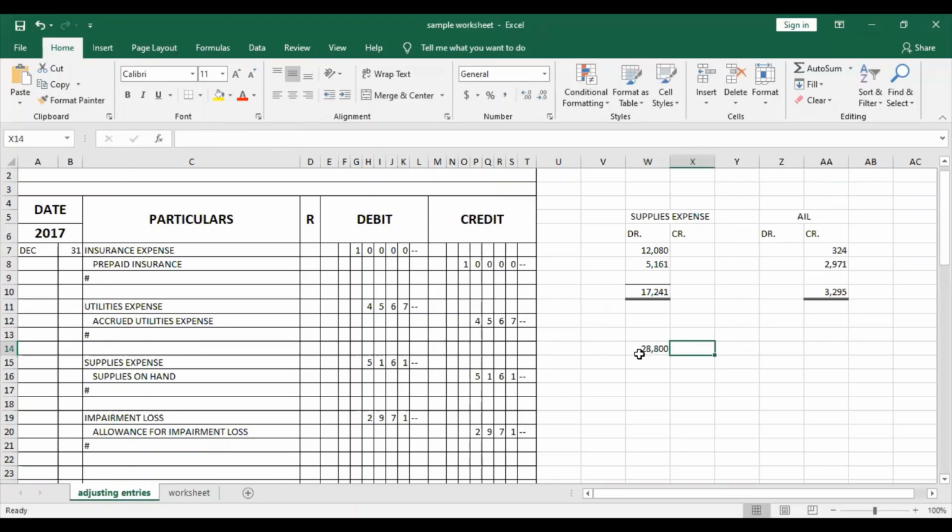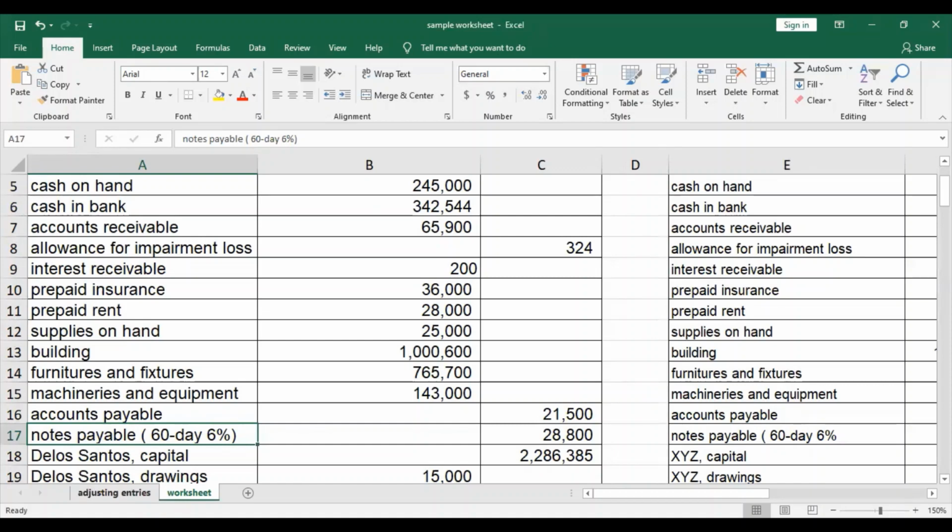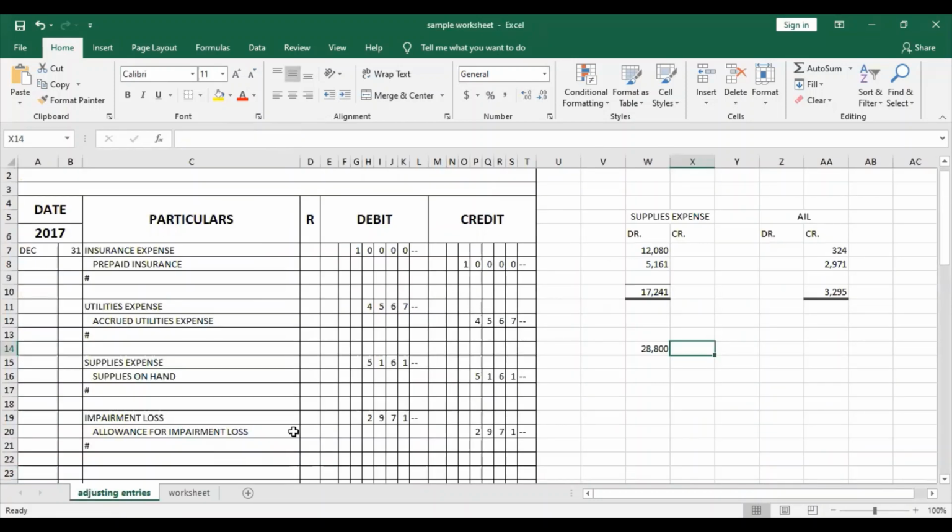Try natin i-compute. 28,800 times the interest of, magkano yung interest? 6%. So, 28,800 times 6%, that is 1,728. This 1,728 is the interest for the note for the whole year.